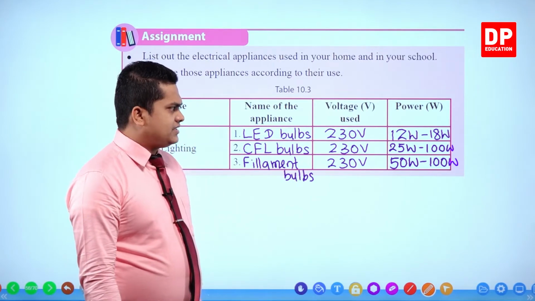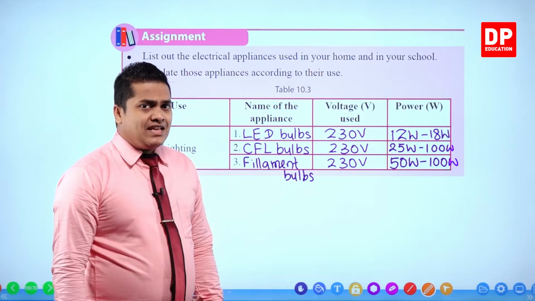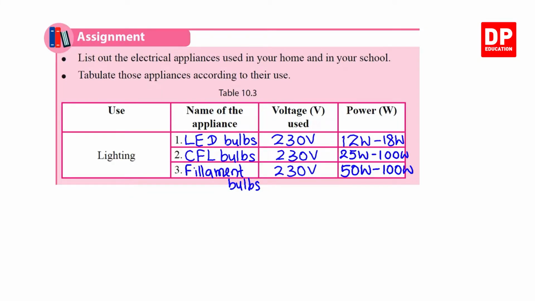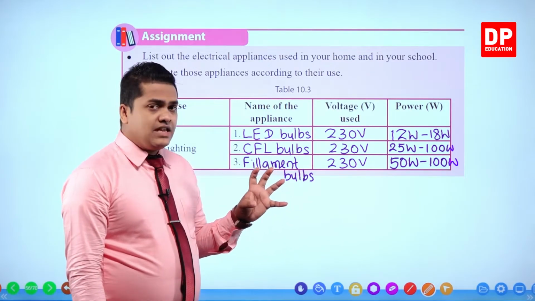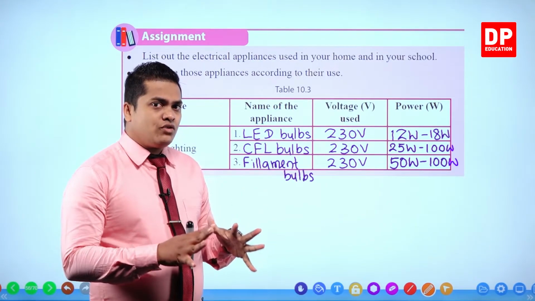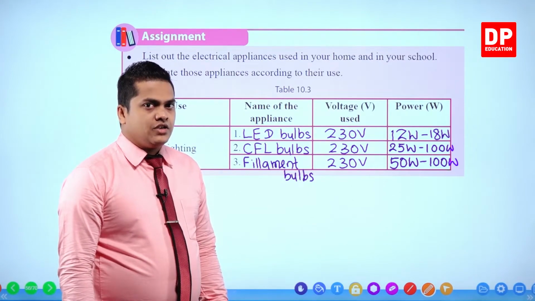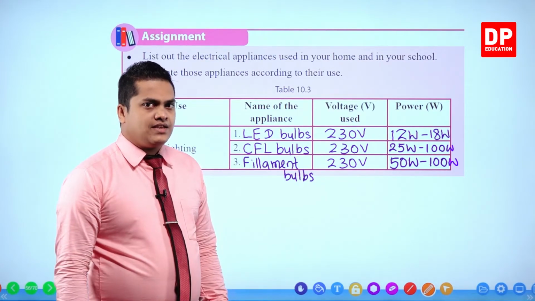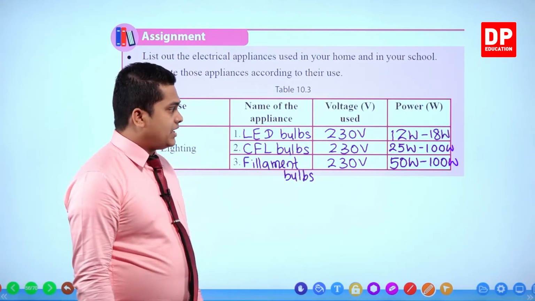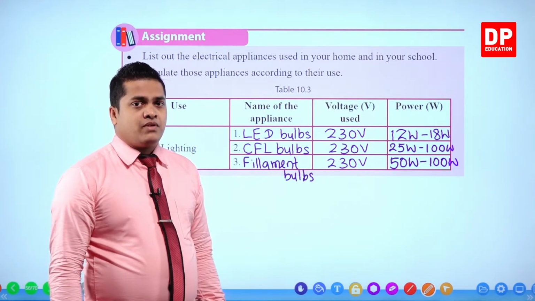By looking at these things, you can see that it's good to use an LED bulb. Why is that? Because an LED bulb has a lower power. Less power means less electrical energy is being used within a unit time period. So the wastage of electricity is very less when compared to other types of bulbs. Filament bulbs are the worst kind of bulbs.